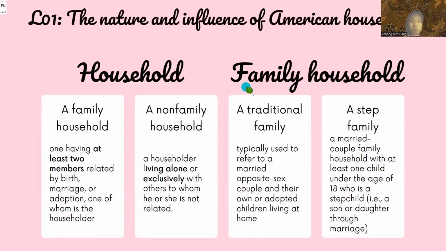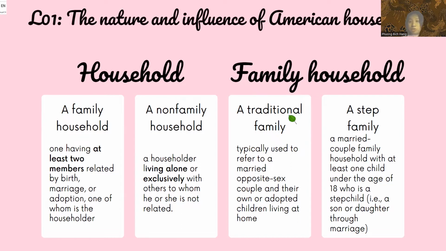Another type of household is the non-family household, which is a householder living alone or exclusively with others to whom he or she is not related. Inside the family household, we have two branches. The first is a traditional family, typically an opposite sex couple and their children.